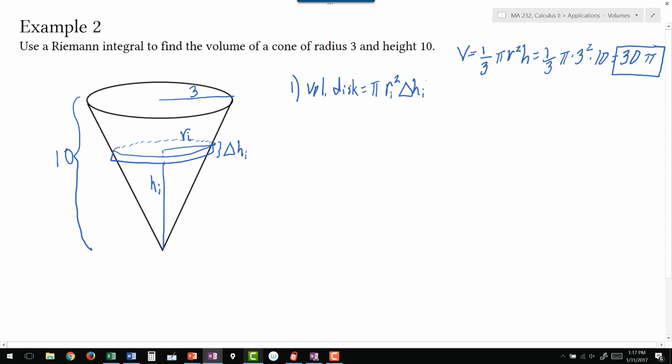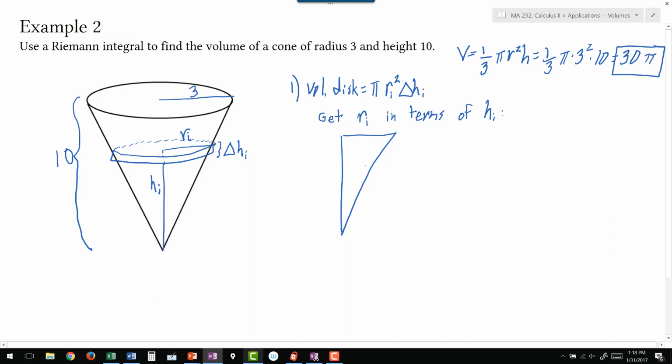Now here's where the problem's a little harder than the one before. We need all of this to be in terms of just one variable. And since the delta h becomes my dh in the integral, that's telling me that the variable of integration has to be the h. So I need to rewrite r sub i in terms of h sub i. Here's where our similar triangles come in handy.